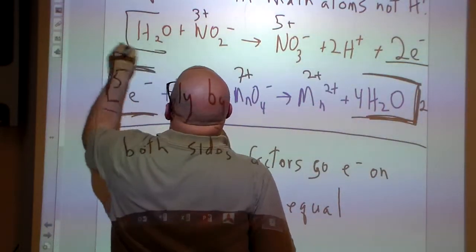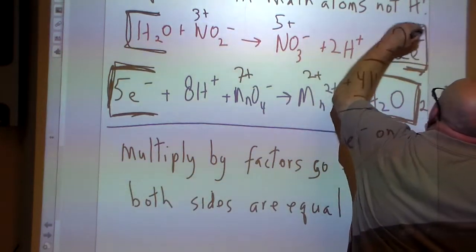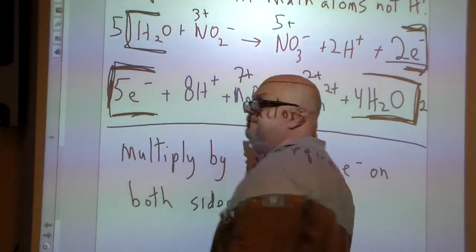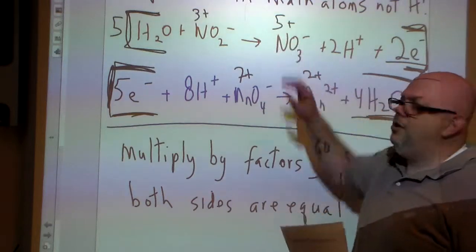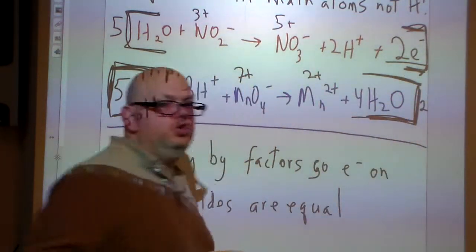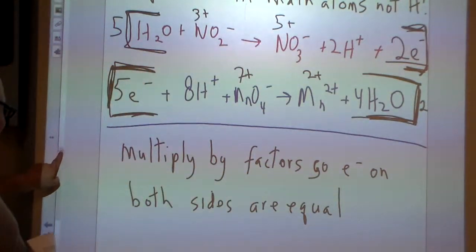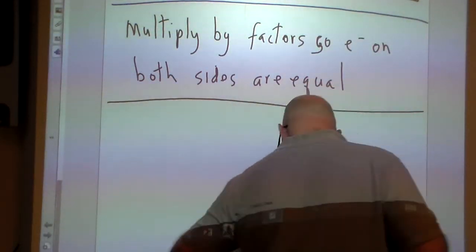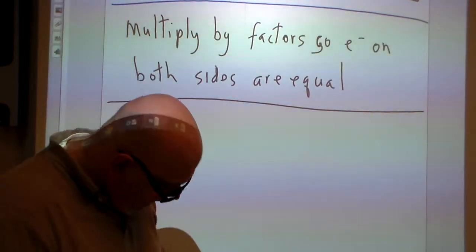This whole thing here is going to be multiplied by 5. This is getting a little messy, isn't it? But remember, we're working with our half reactions. And the idea is to make the electrons equal to each other. Okay, time for me now to pick a color and stick with it.